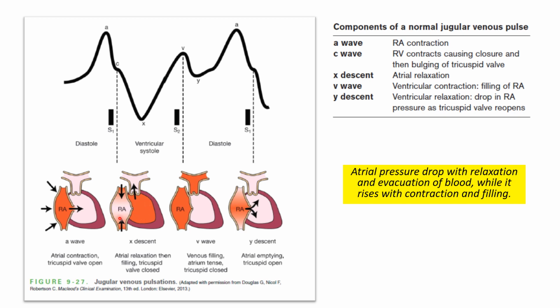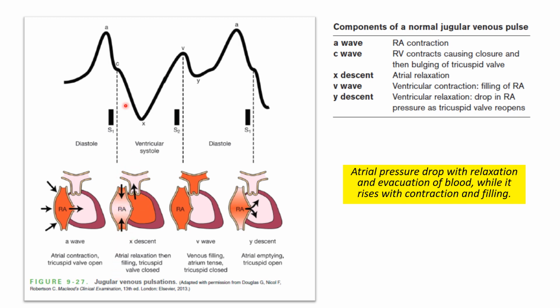What will happen in the right atrium? In the right atrial pressure, first the pressure will drop because the atrium is now relaxing. Here the atrium was contracting, here the atrium is now relaxing. So pressure will drop. After the A wave, it will become what we call X descent. And then during ventricular systole, the atrium is having venous return.